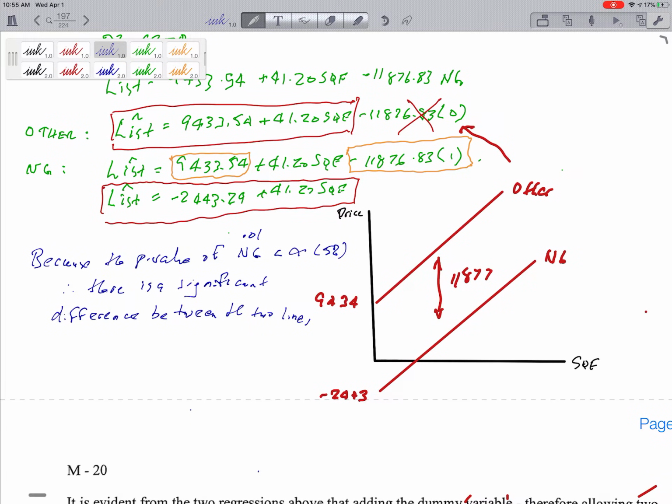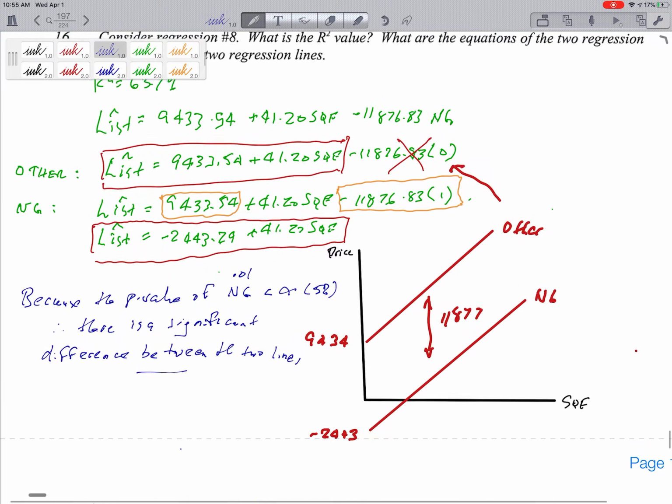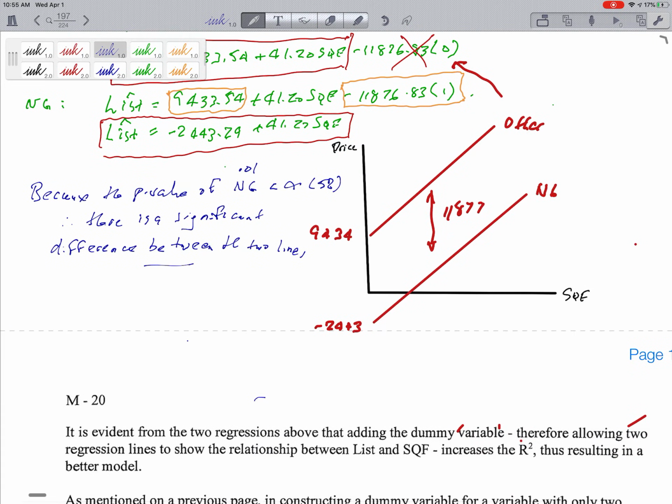And the conclusion here is that, therefore, for all house sizes, houses heated by natural gas have lower listing prices.